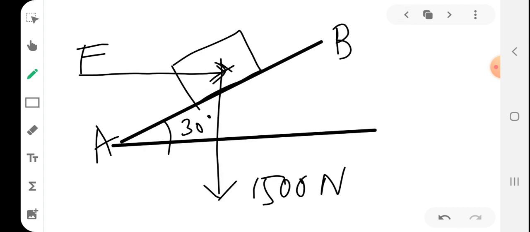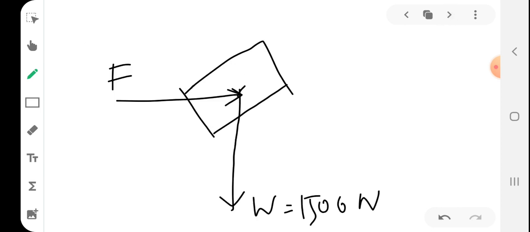And what is the other force? There is contact, so there is a normal force, sorry, a reaction force. The reaction force is always perpendicular to the contact surface, so we can draw it like this. This is R, but we can apply the law of transmissibility, right? The law of transmissibility can be applied, so I am just transferring this force like this.